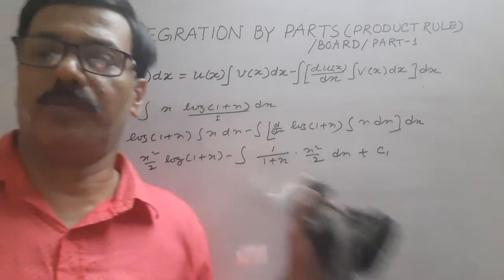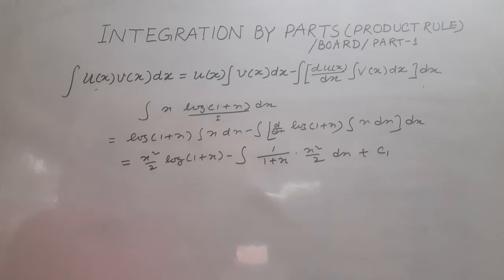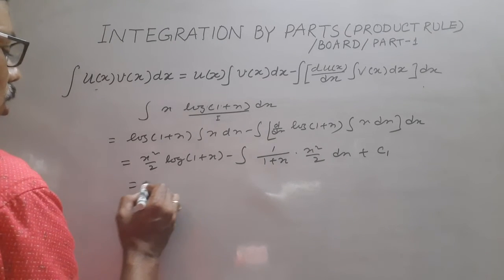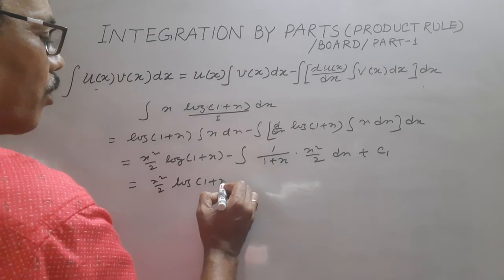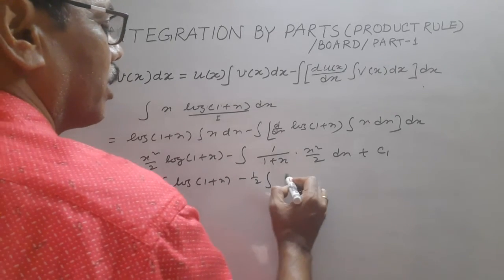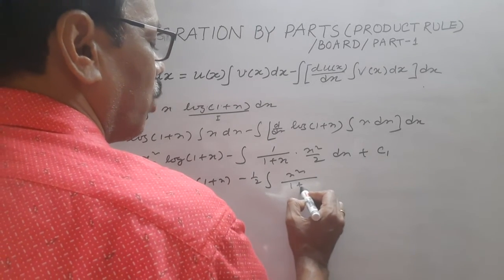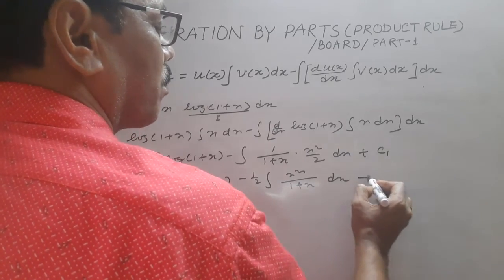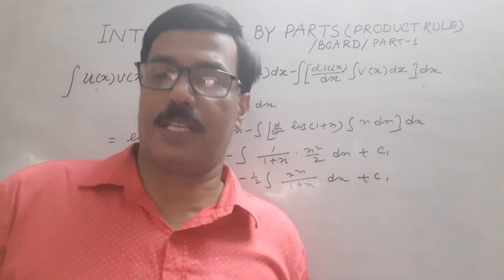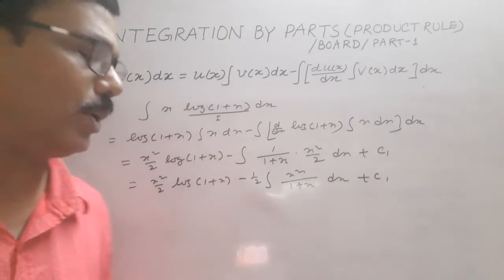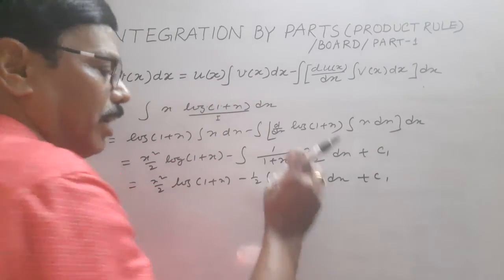So this is our first step. Now x square by 2 log 1 plus x minus half integration of x square by 1 plus x dx plus c. Now degree of numerator is greater than degree of denominator and this is linear.